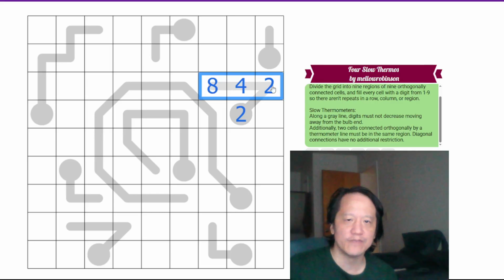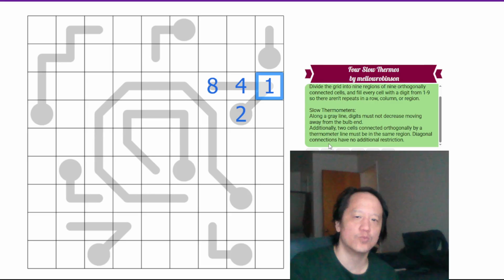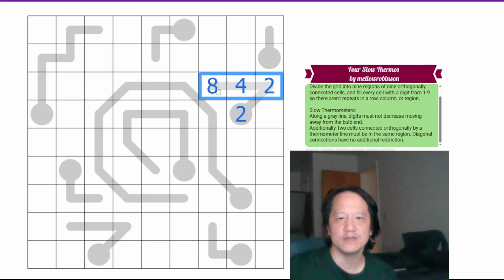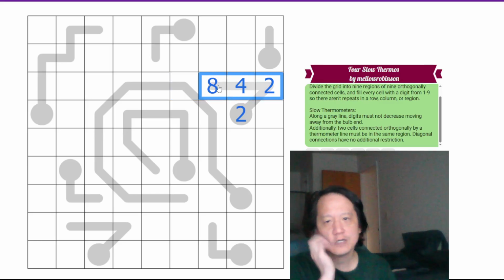What would not be valid is something like 2, 1, 4, 8, because it's decreasing from this cell to this cell, which is not allowed. And in addition, we know all three of these cells must be in the same region because they are connected orthogonally, which just means that they share an edge by a thermometer line.